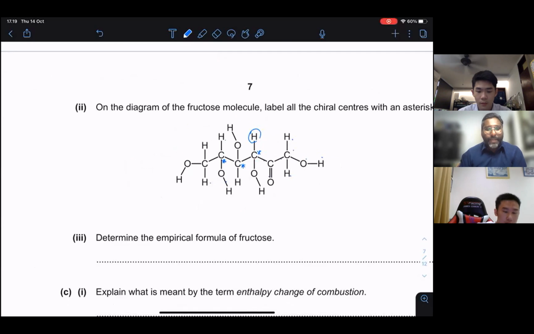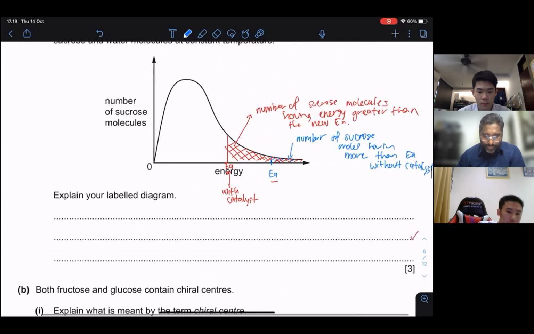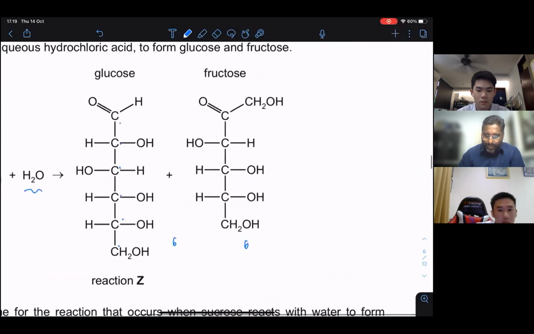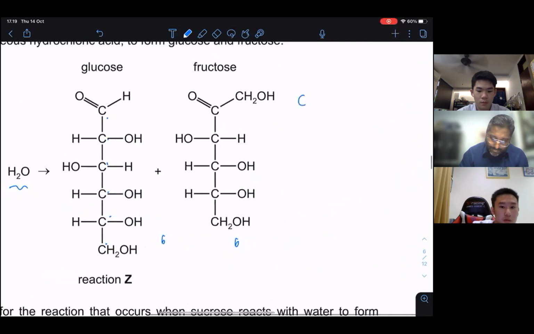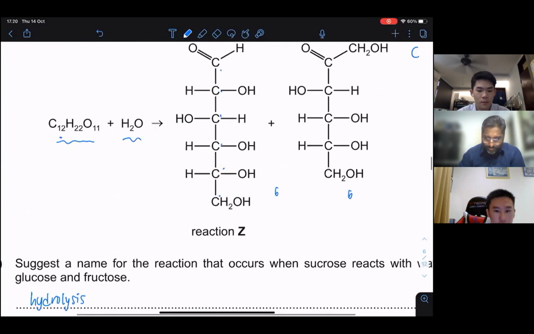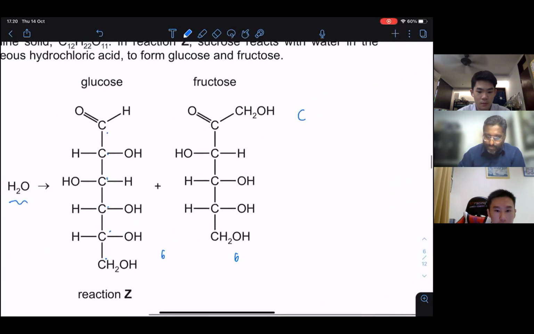Now determine the empirical formula for fructose. They already gave you fructose, so you just need to find out the number of carbon. See whether they have given anything. They didn't give you any clue, so you need to count. 1, 2, 3, 4, 5, 6. C6. How many hydrogen?